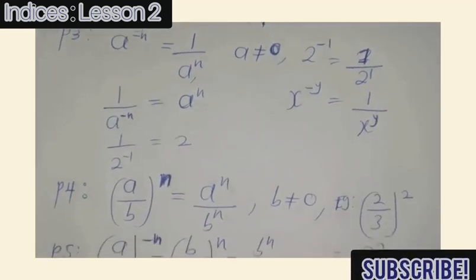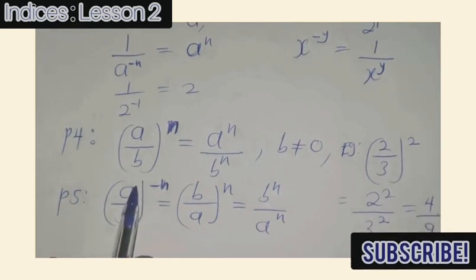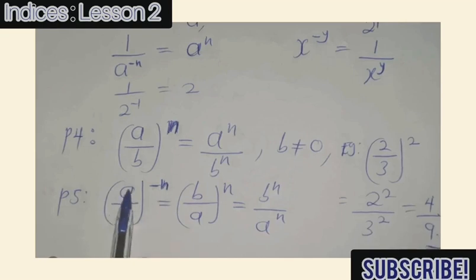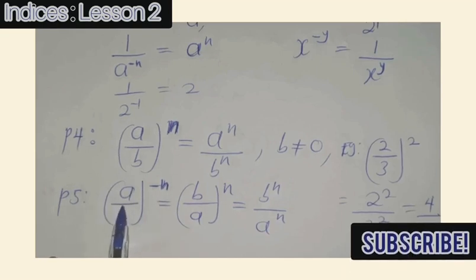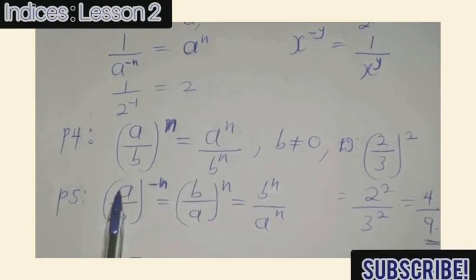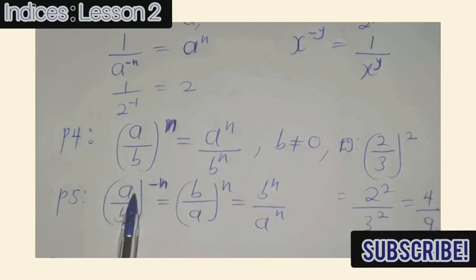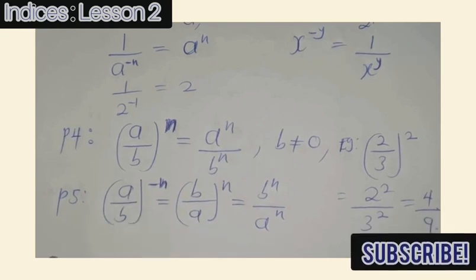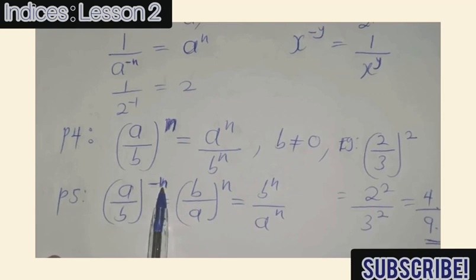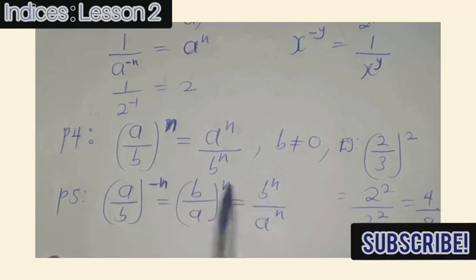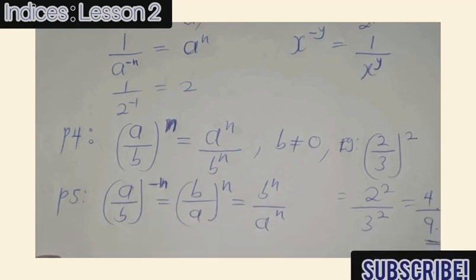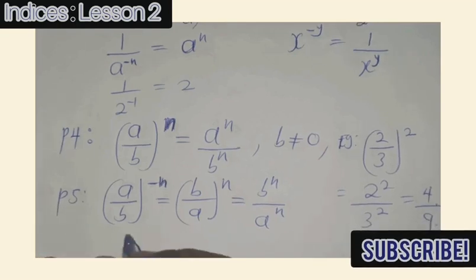Or if you don't want that approach, you can find the reciprocal. Anytime you have a negative exponent on a fraction, where one base is dividing the other, you just find the reciprocal, and then the exponent will change to positive. Then you apply your property 4, and we are good to go. So let's take an example.